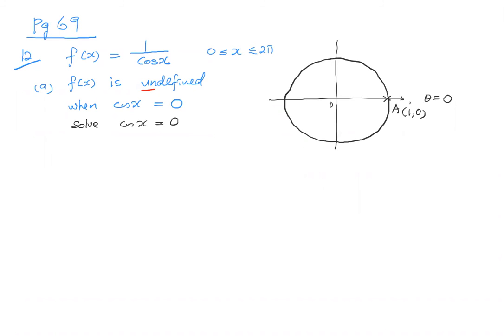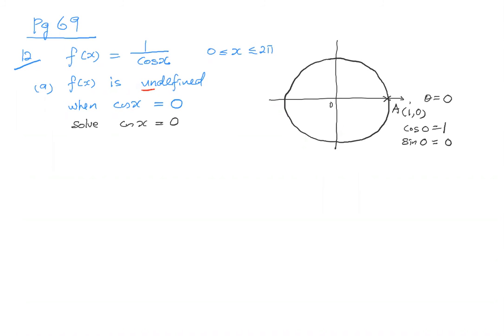So we know that cos 0 is 1 and sin 0 is 0, because the x coordinate represents the cos of the angle and the y coordinate represents the sin of the angle.